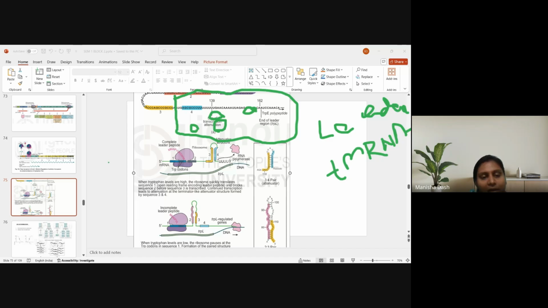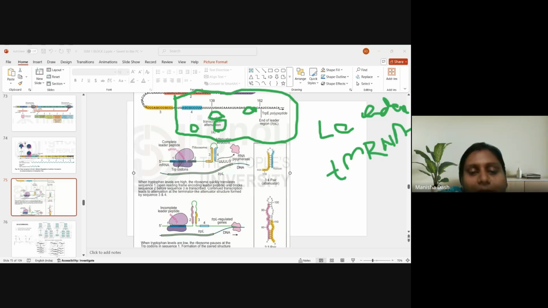Okay, so when the tryptophan levels are high, the ribosome quickly translates the sequence 1 from the codon reading frame encoding the leader peptide, and it blocks the sequence 2 before the sequence 3 can be transcribed, and the continued transcription leads to attenuation of the terminator, and the attenuated structure is formed by the sequence 3 and 4.